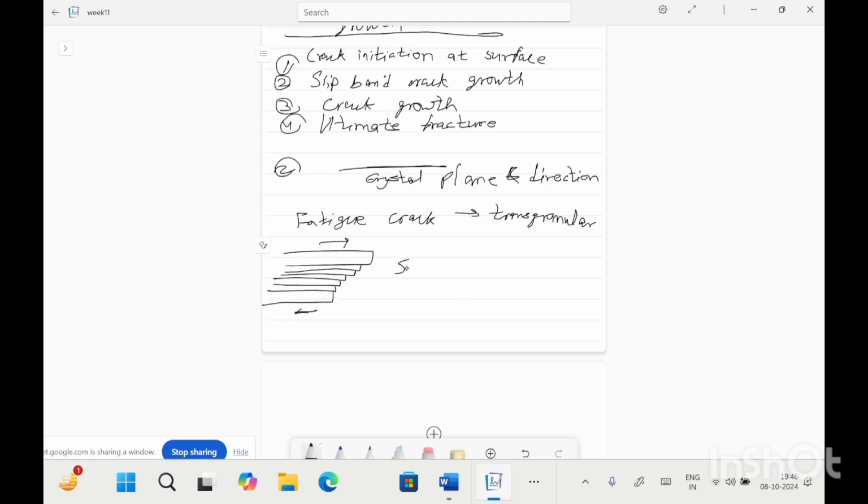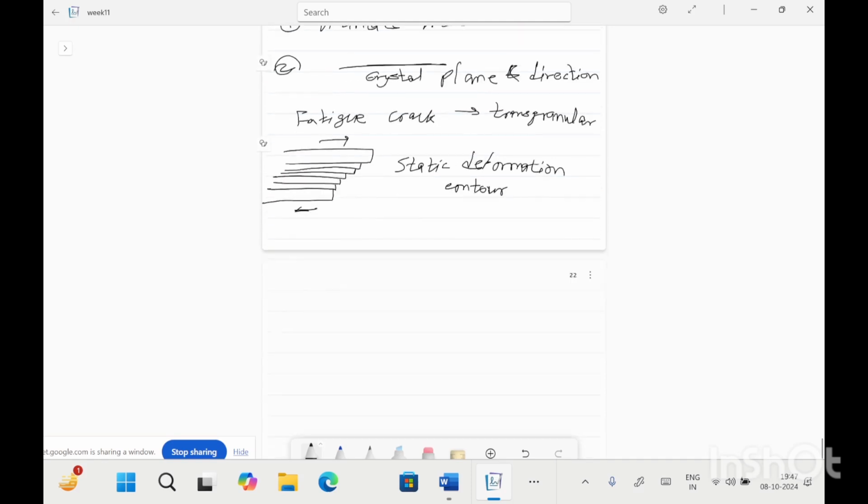This is in static deformation. This is the static deformation contour.